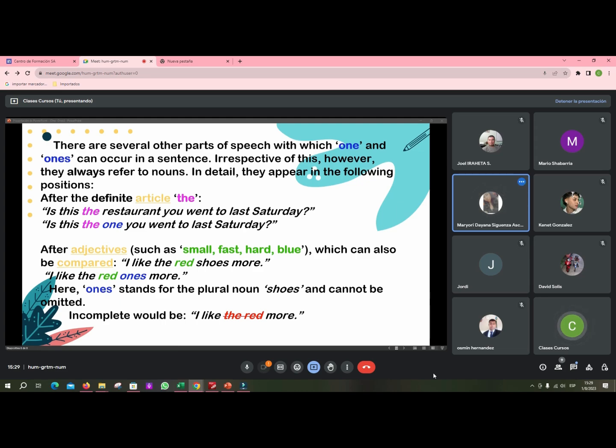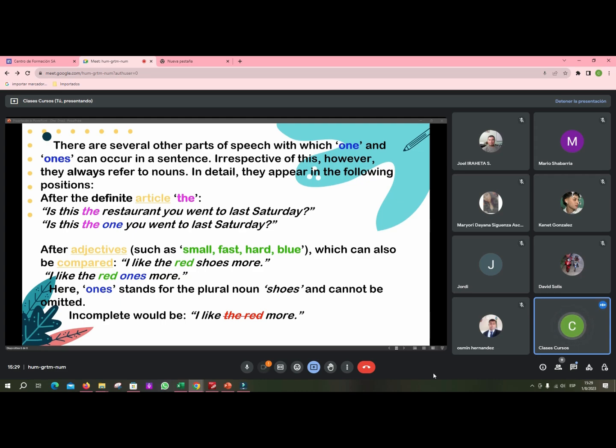Okay, thank you, Marjorie. So there you have it after adjectives. You know adjectives like small, fast, hard, blue, tall, etc. Colors are also adjectives, right? Which can also be compared.